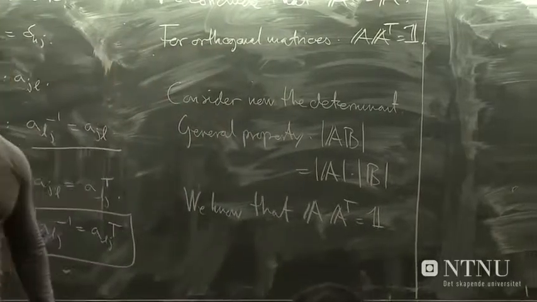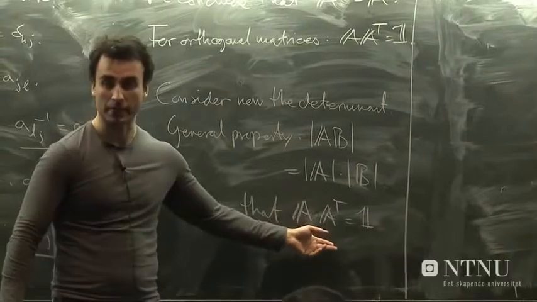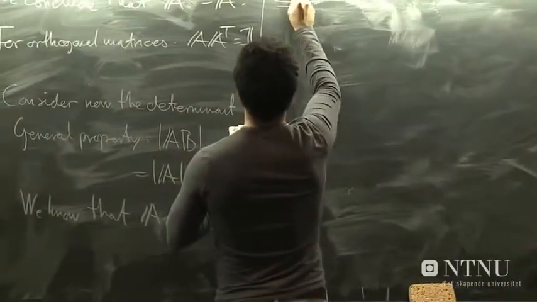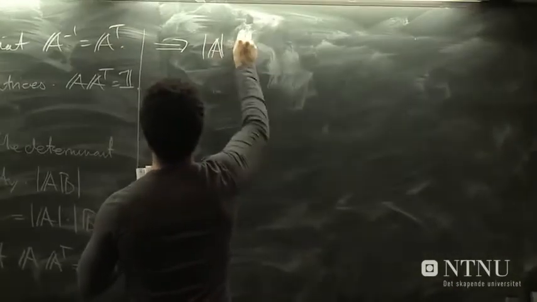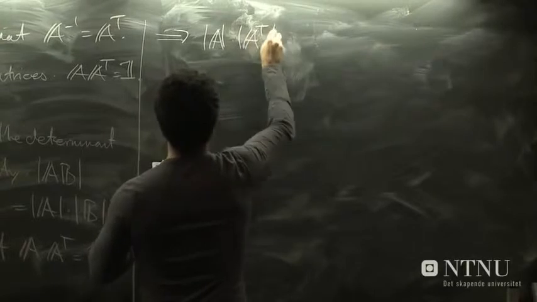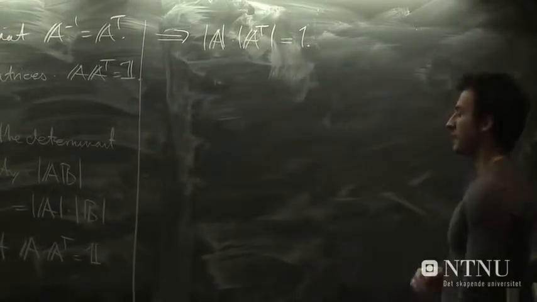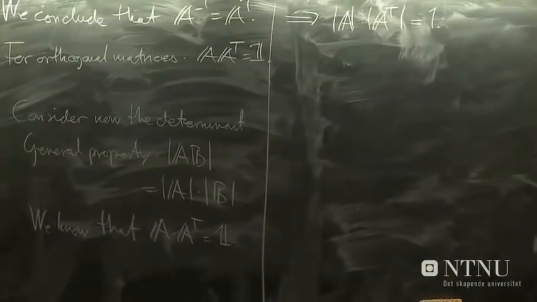We know that the product of A and its transpose is equal to 1. So by using this general property on this expression, we obtain this, since the determinant of the identity matrix is equal to 1.